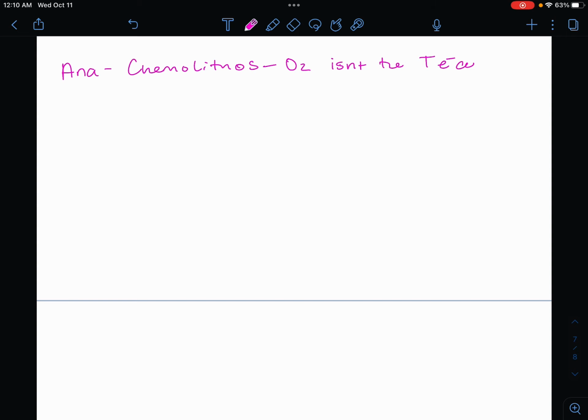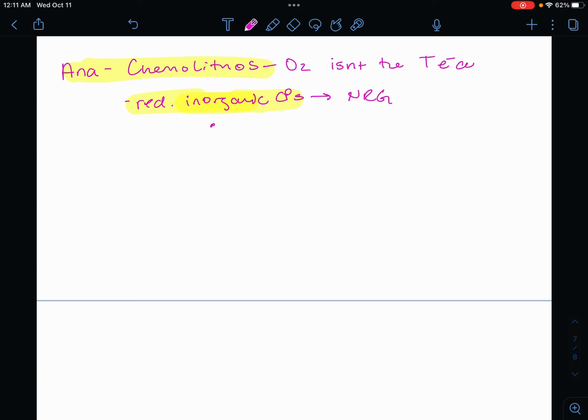Anaerobe means without oxygen, so they don't use the O2 for their reactions to create energy. However, chemolithotroph means that they use reduced inorganic compounds as the source of energy. I'm going to have to highlight some of this stuff here. O2 isn't the terminal electron acceptor.